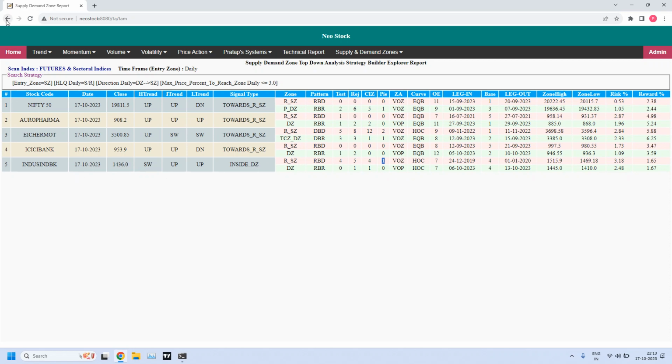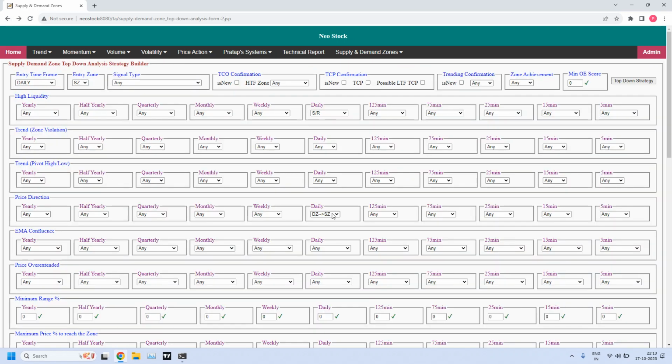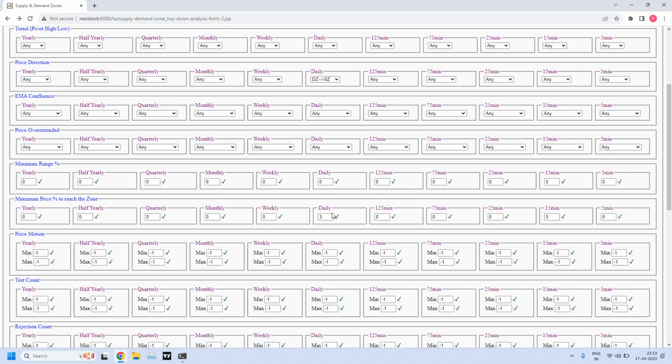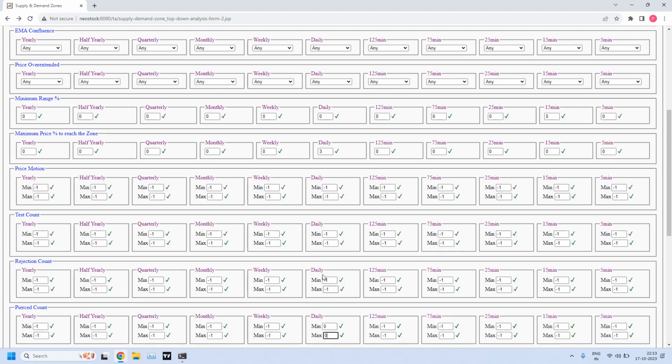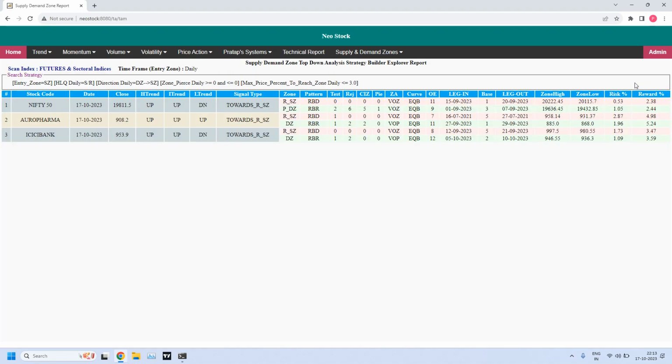If you don't want pierced zones, what you can do? Go back. You have a pierced count. So keep this 0, 0. So only zones having pierced count 0 will be listed. See, now the list is reduced to only 3.